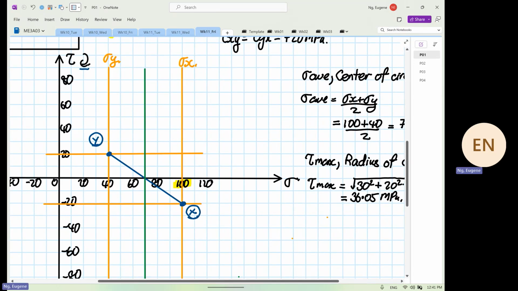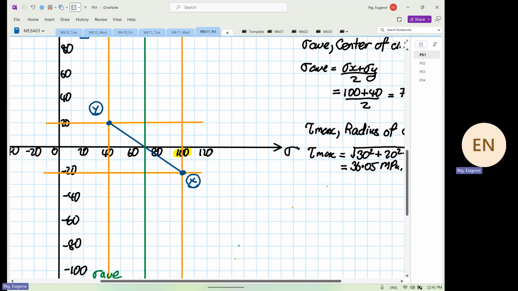So where I am now, 36.05, why 30 squared? We know that what we want to determine is the radius of the circle. So if I were to construct the radius of the circle, this is going to be the radius of the circle.